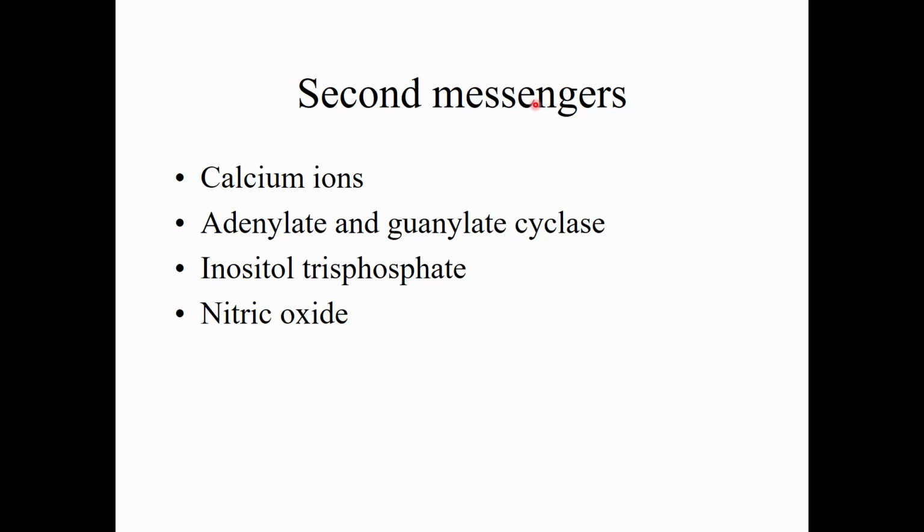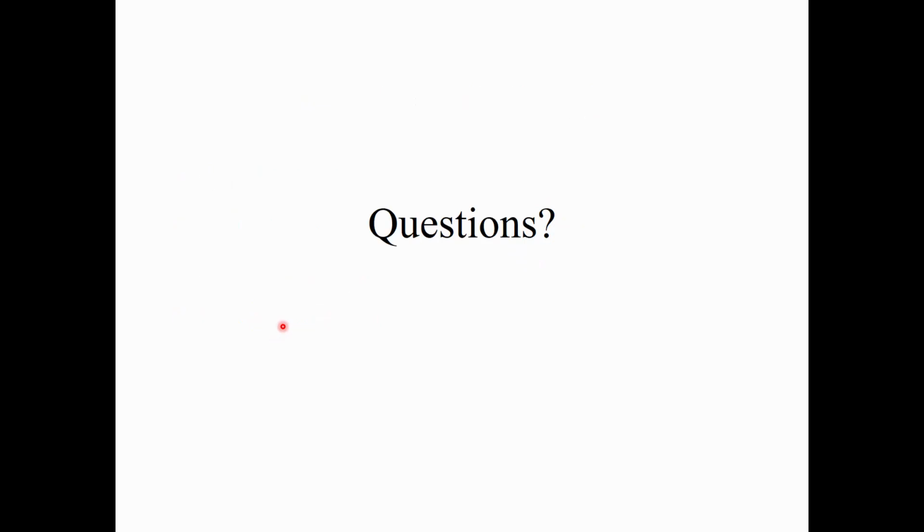There are some second messengers in calcium. So calcium ion, calcium binding to calmodulin. Adenylate and guanylate cyclase tend to cause relaxation of smooth muscle. Inositol trisphosphate tends to cause release of calcium and contraction. Nitric oxide tends to activate guanylate cyclase and cause relaxation.